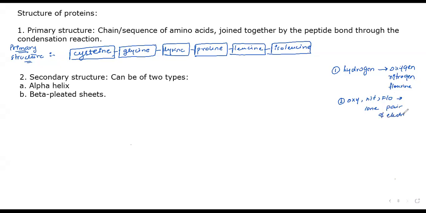So what happens in the amino acid is that this is my carboxylic acid, right? This is the rest of the amino acid.